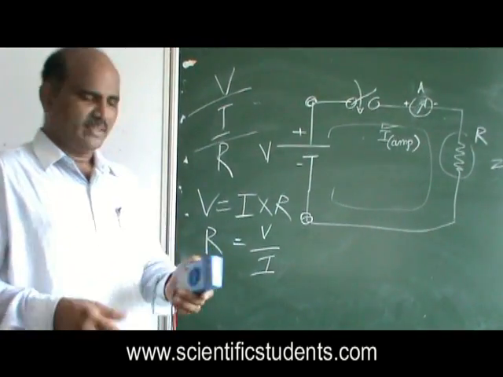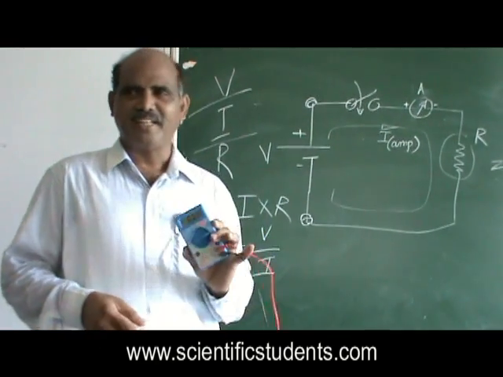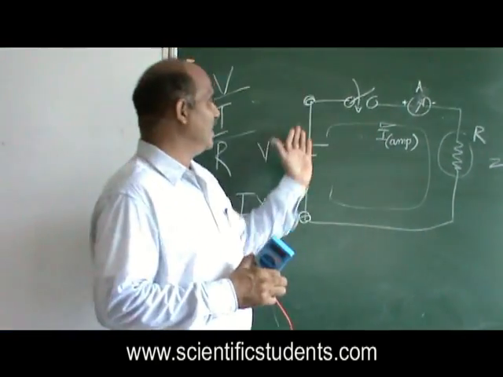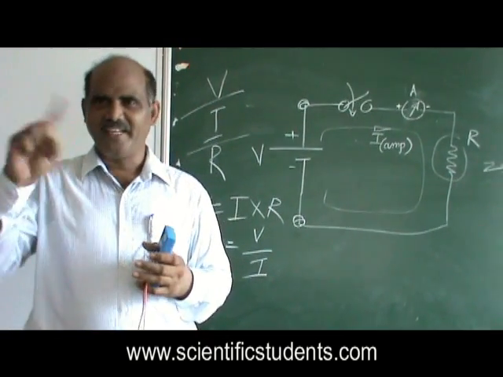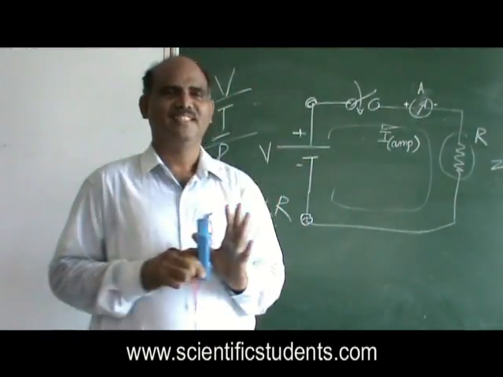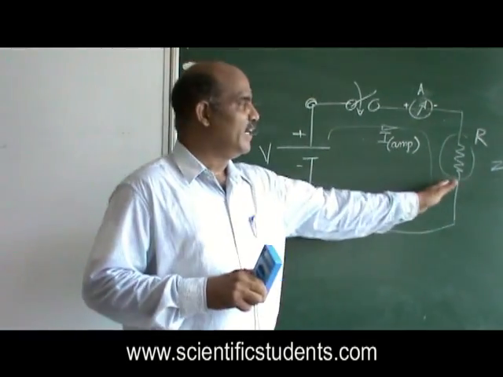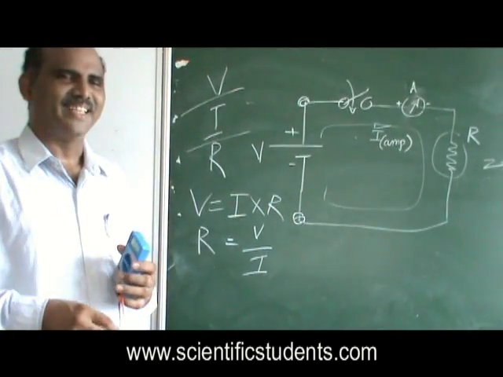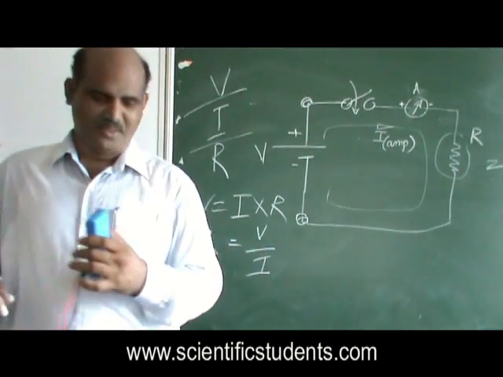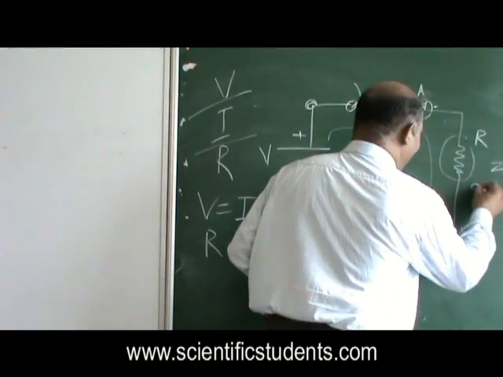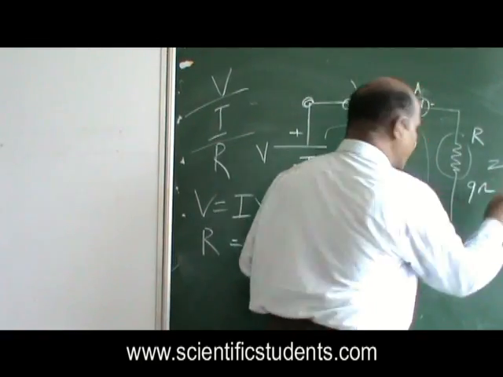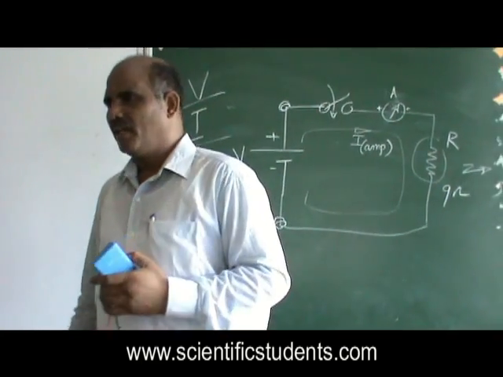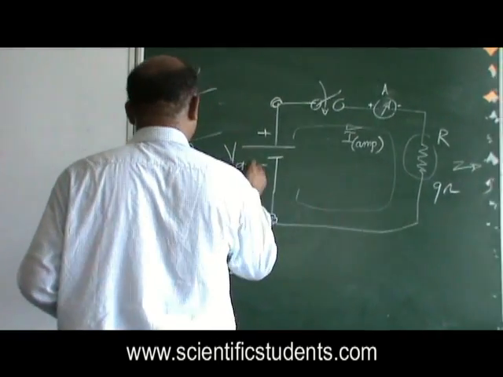Suppose I don't have this kind of digital multimeter that can measure voltage and current. I have only one analog voltmeter, the needle one. I don't have a current meter, but I know the value of resistance, say 9 ohms. I give you a 9 ohm resistor and a 9 volt battery.